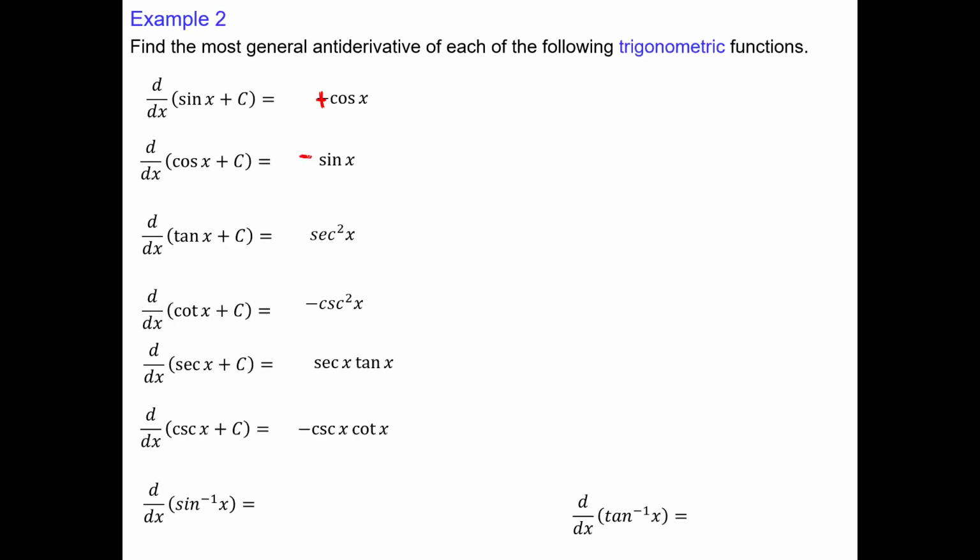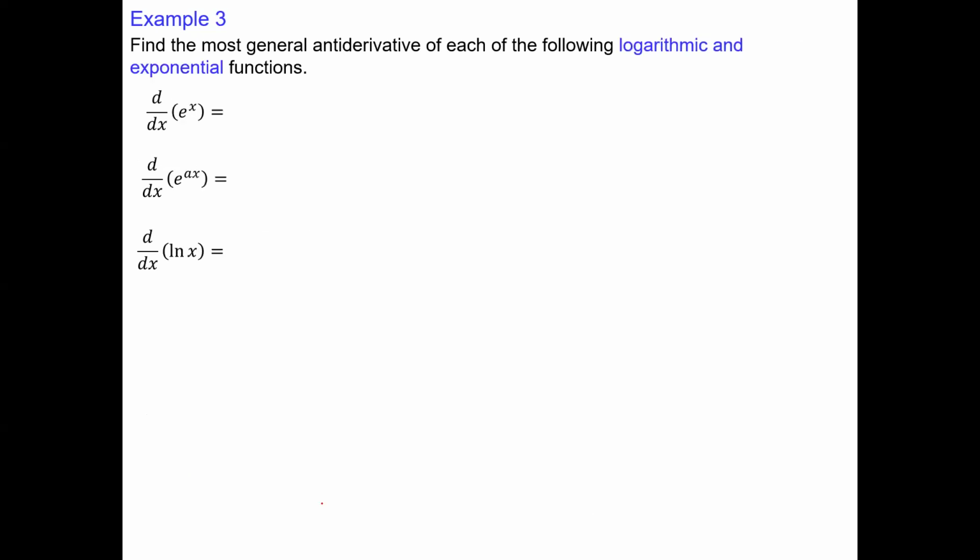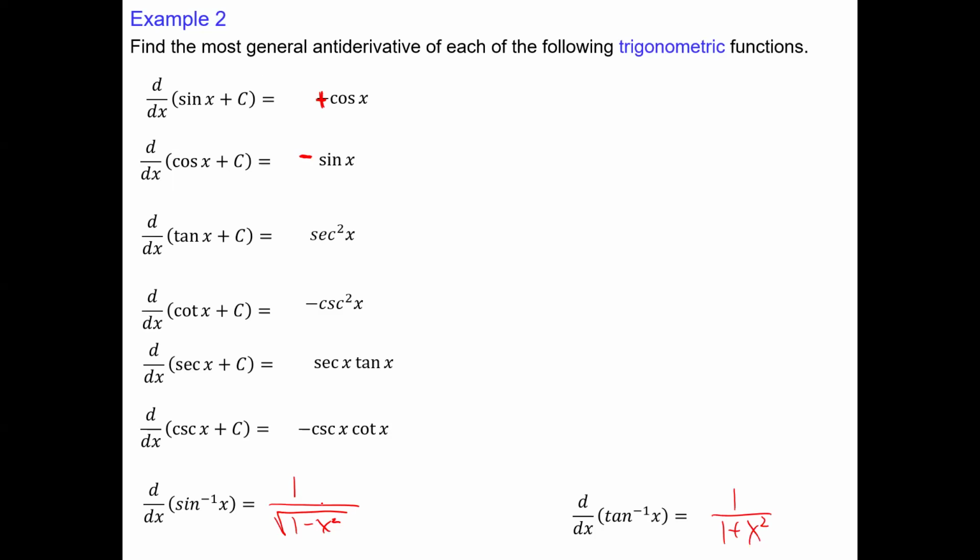And then, oh, I didn't write: inverse sine has a derivative 1 over the square root of 1 minus x squared. And inverse tangent, arctangent, 1 over 1 plus x squared. Okay, we know the derivatives. And now I can write the antiderivatives for all of them.